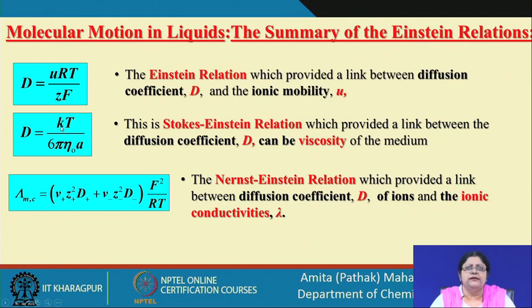The k here is the Boltzmann constant, kappa naught is the viscosity of the medium, a is the radius of the ion or a particle in that particular medium, and this was the Stokes-Einstein relationship.